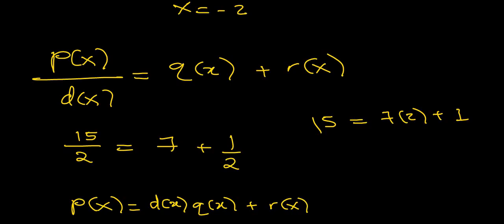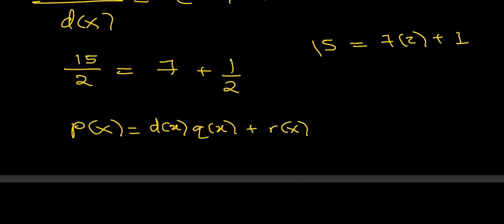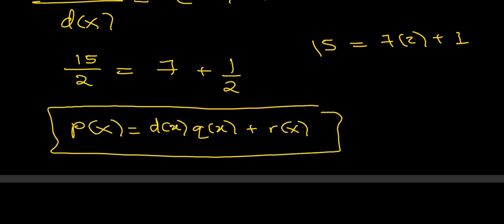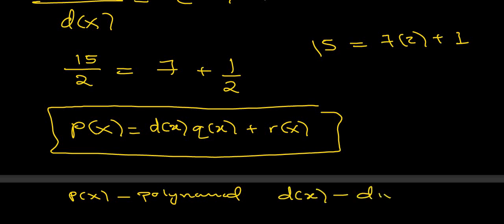And whenever the remainder is 0, this is the format you can also rewrite your polynomial in, where, let me emphasize this, p of x is the polynomial, the original thing. Then d of x is the divisor, the one you are using to divide. Then r of x is the remainder.